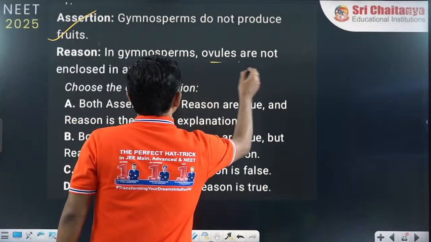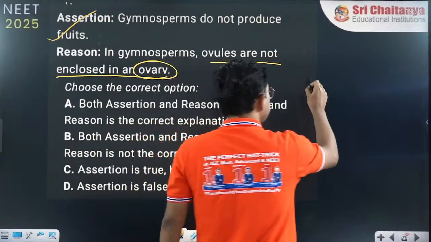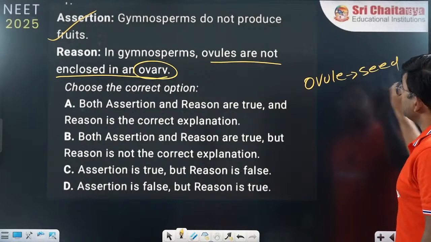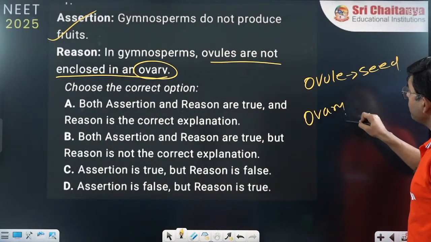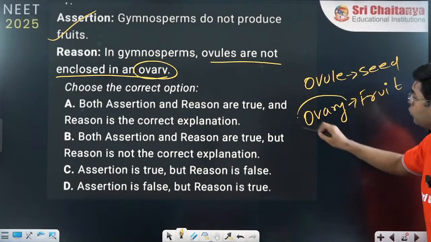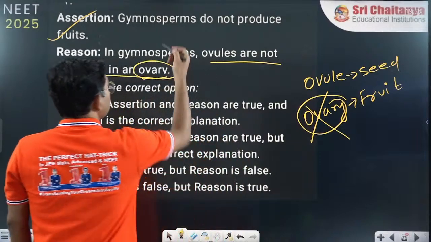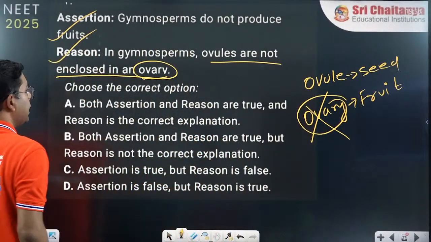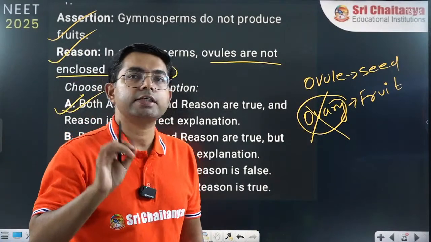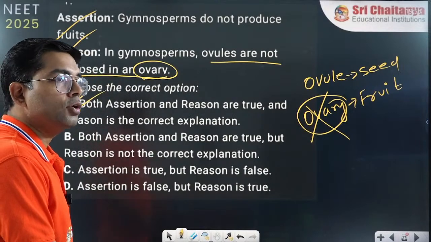Because the ovules are not enclosed in ovary. Later on we will see that ovule develops into seed and ovary develops into fruit. Since they do not have ovary, they do not have fruit. So this is also correct. Again, A is the right answer.